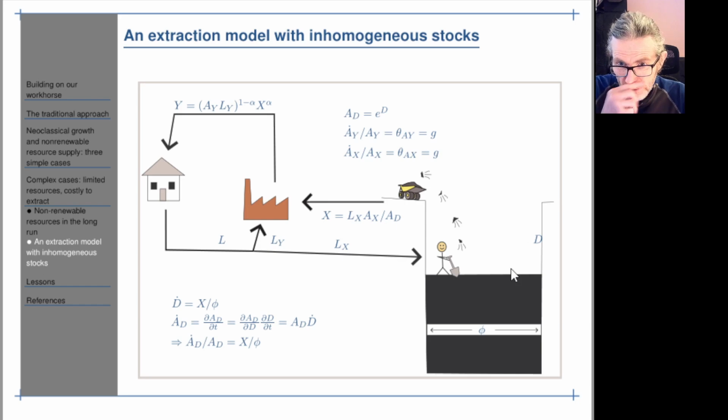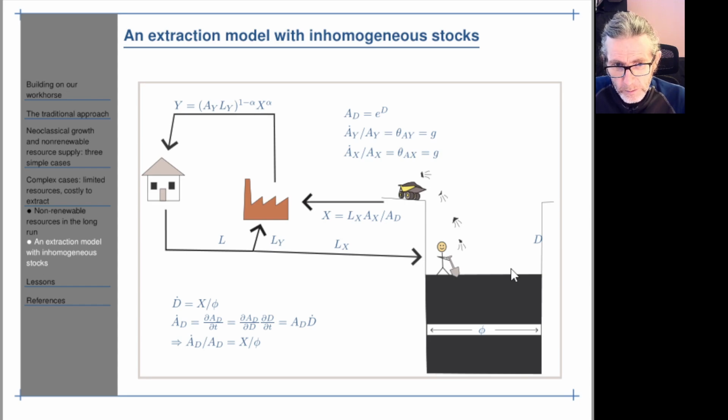So that's the model. As I said, it's done slightly differently in the paper. It's effectively the same, but it's just a bit of a tweak on this. So that's the setup. What happens?